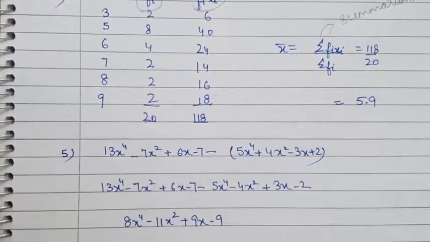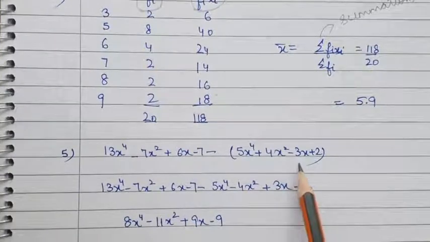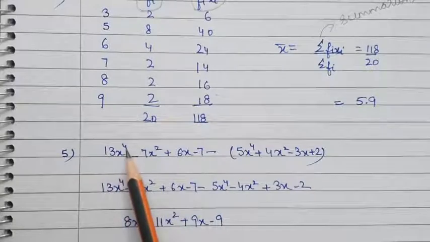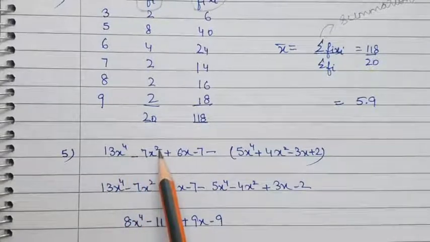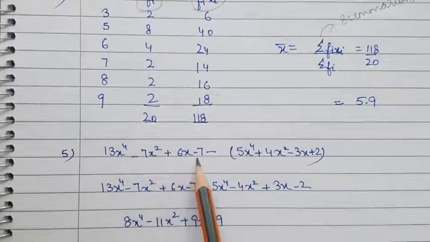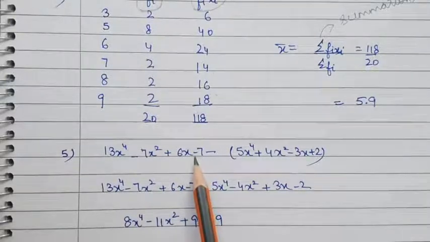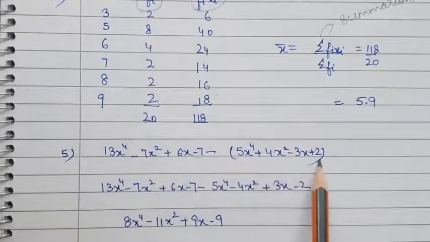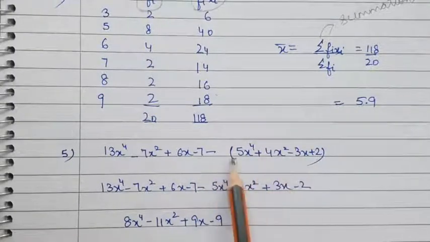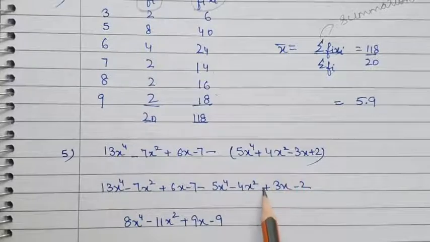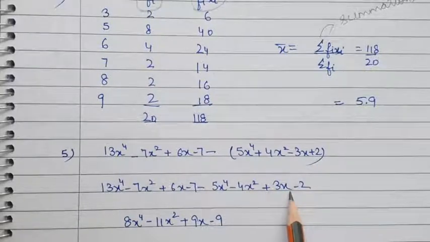Now in the next question we have to subtract 5x^4 + 4x^2 - 3x + 2 from 13x^4 - 7x^2 + 6x - 7. First of all we will open the bracket, so all the signs will get interchanged. Here plus will become minus, minus will become plus, plus will become minus.